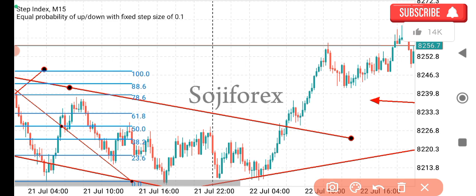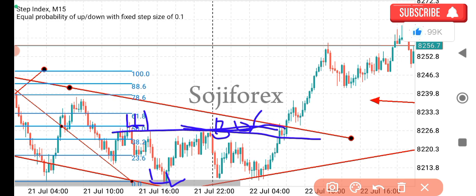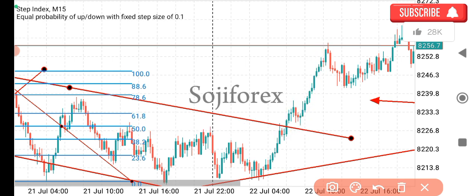And here is a lower high. Here is a lower low. So from this point, we have a break of structure. And in this break of structure that happened here, that broke this high, price as well had a trend line. So price broke this trend line and retested it and it moved to the upside.